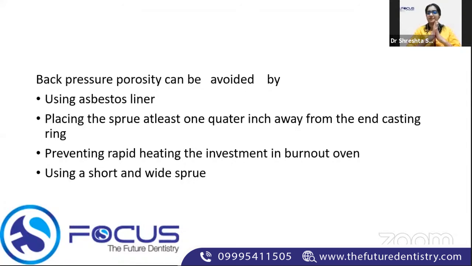Great. All those who said B, exactly, that is the answer. You place the sprue at least 1/4 inch away from the end of the casting ring. So that is how you will manipulate back pressure porosity.